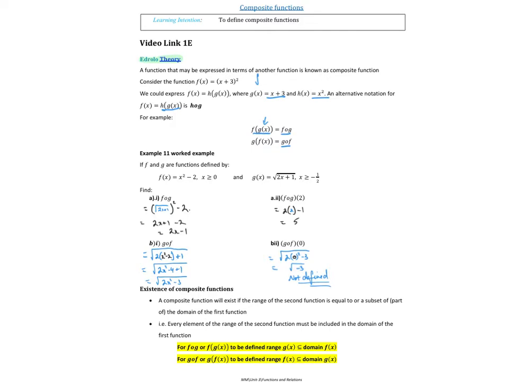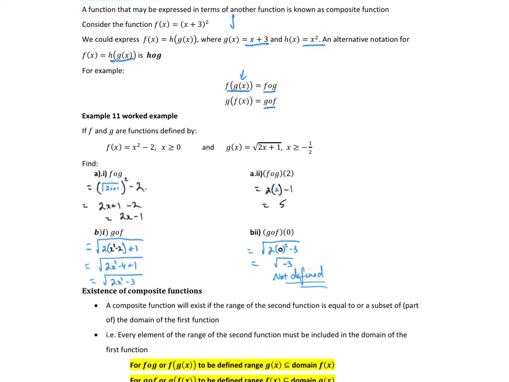We show that really clearly here in example 11. My first function, f of x, is x squared minus 2. And f of g can be written as f of g of x, so we're substituting g of x into f. The g of x function, the square root of 2x plus 1, is substituted in for x.